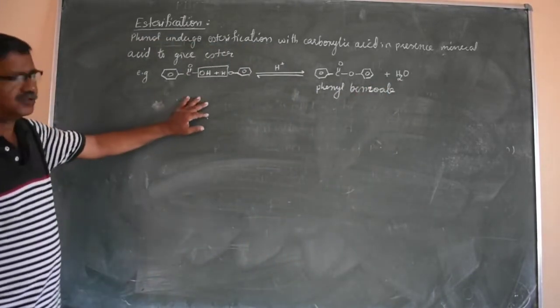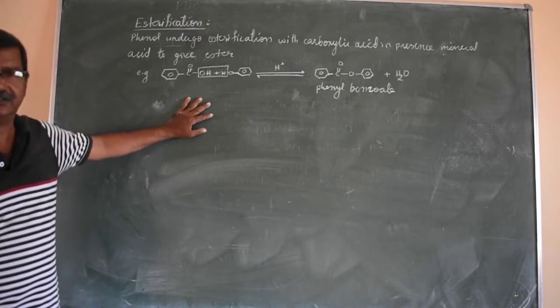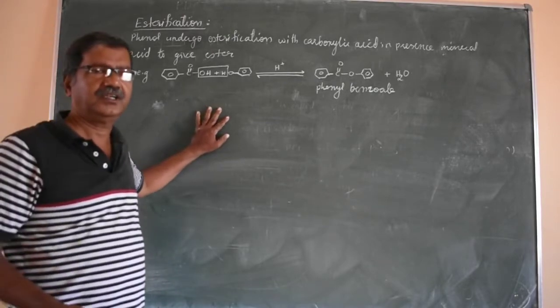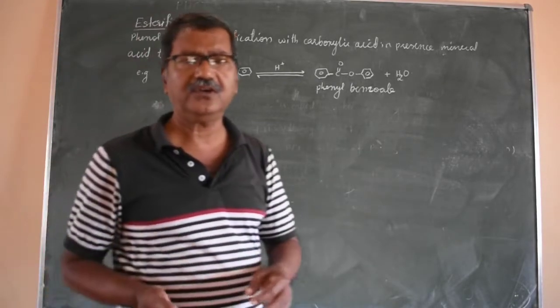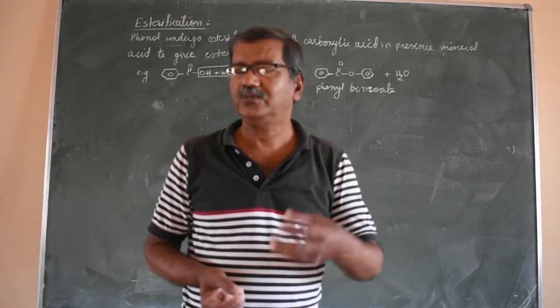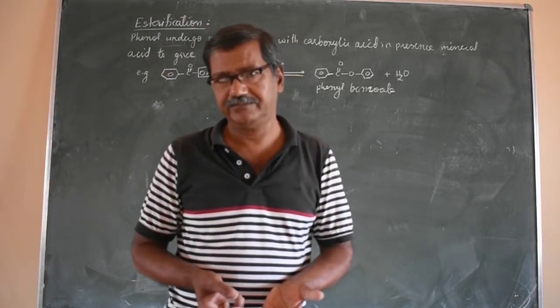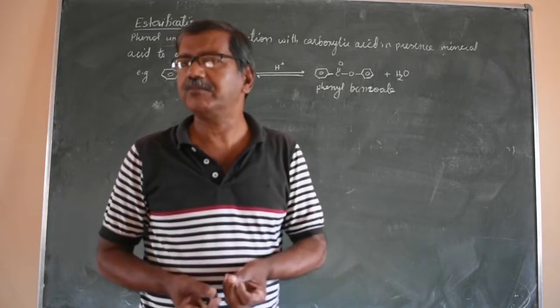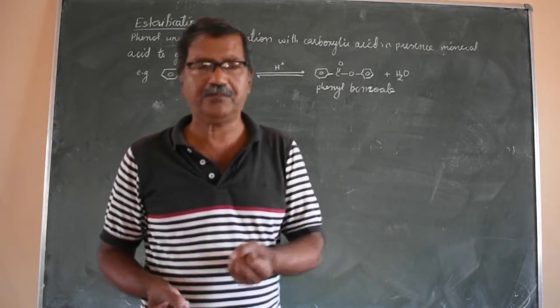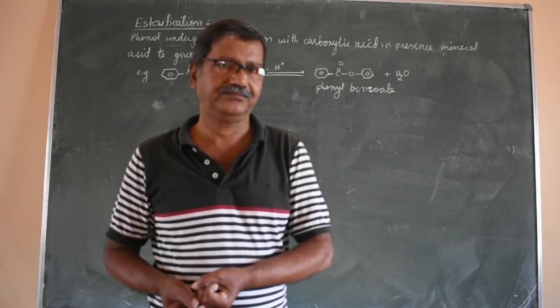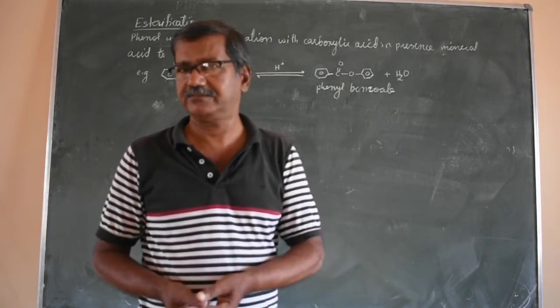So ester is also formed by acetylation. What is acetylation? Reaction of alcohol or phenol with acetyl chloride. Generally you are using pyridine to absorb HCl formed in the reaction. Here also you are getting ester.